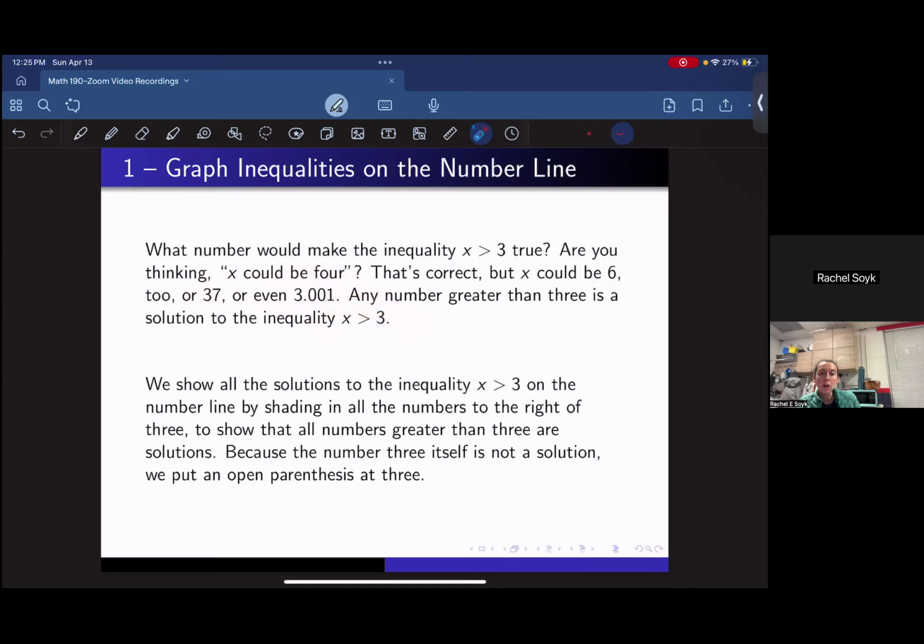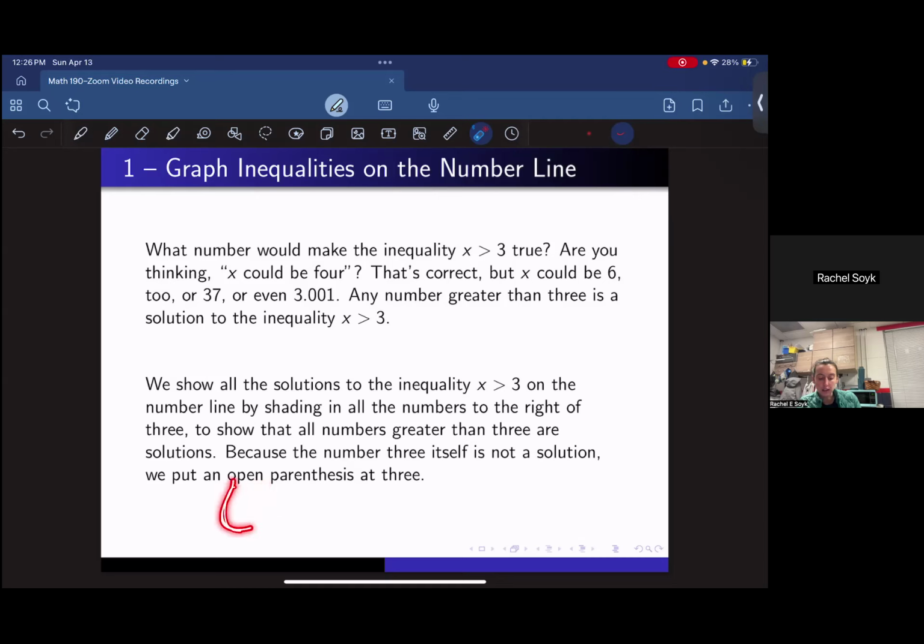So we show all of these solutions on a number line by shading and including either open circles or closed circles. And we'll demonstrate that together in a moment. But because the number 3 itself is not a solution, we are going to have an open circle there, or some professors do the number lines in terms of parentheses and brackets.